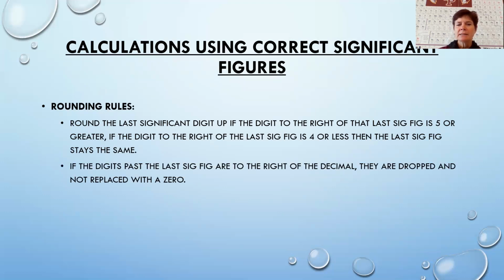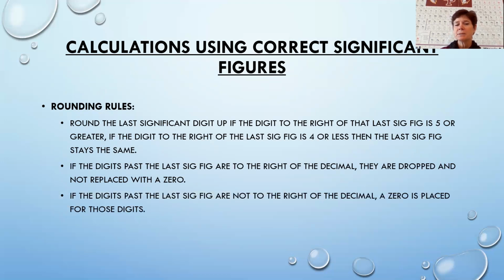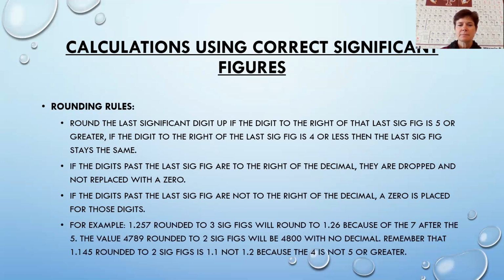If the digits past the last sig fig are to the right of the decimal, then they would be dropped and not replaced with a 0. If the digits past the last sig fig are not to the right of a decimal, a 0 is placed for those digits. Remember, don't put a decimal after the zeros on them.